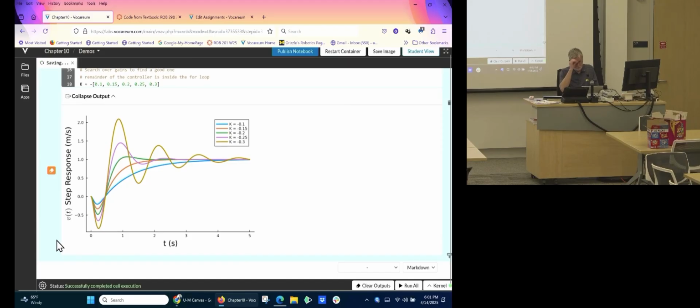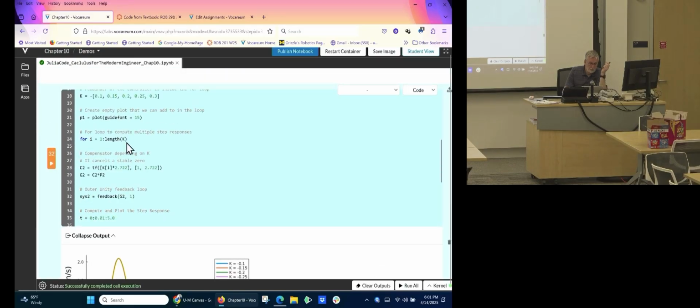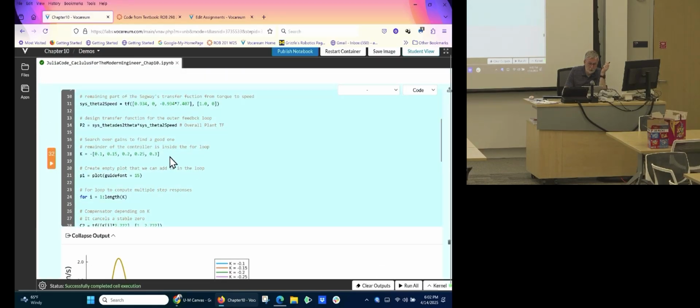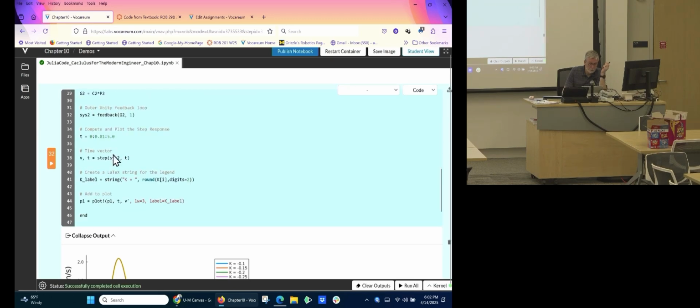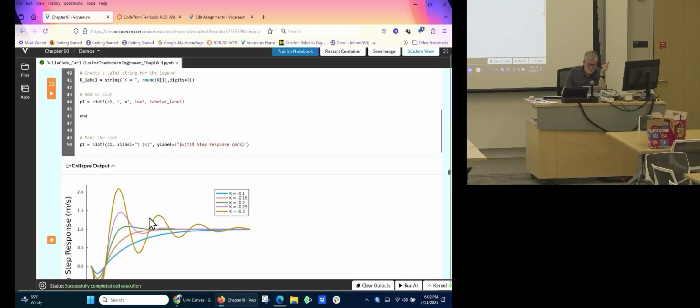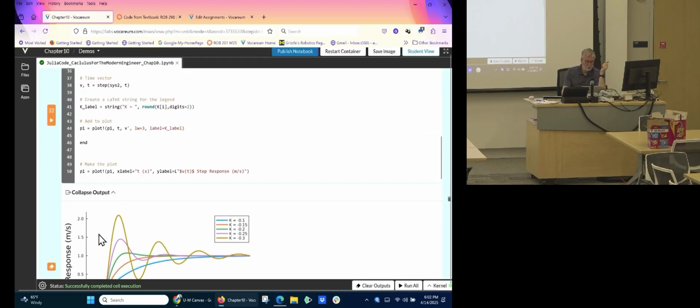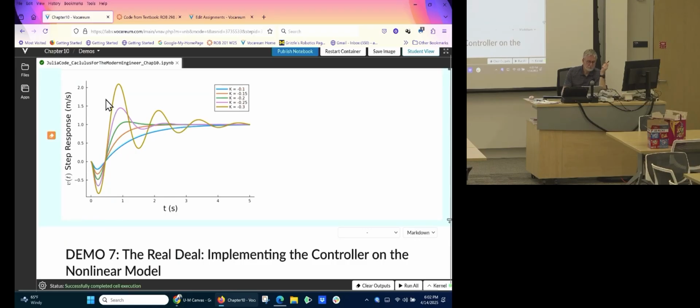Okay, so there's the step responses from K equals 0.1 to 0.3. I wrote a loop and just chose a whole bunch of gain values and then did the loop and then plotted them. You can do that, or you can just do the step responses one at a time, okay?